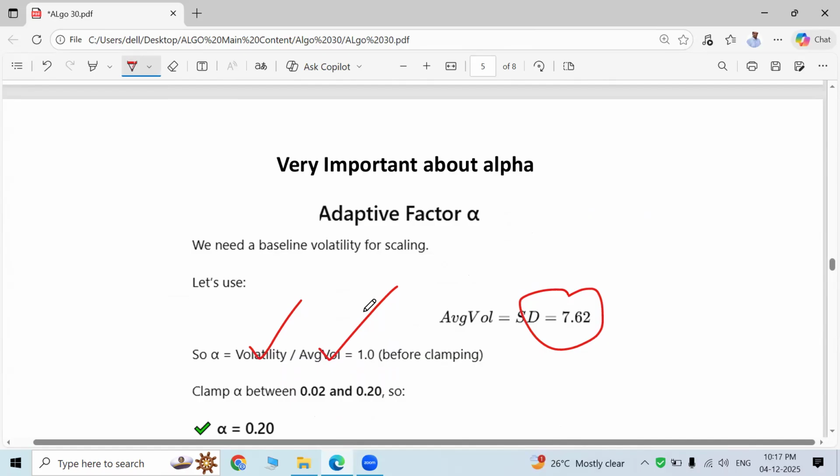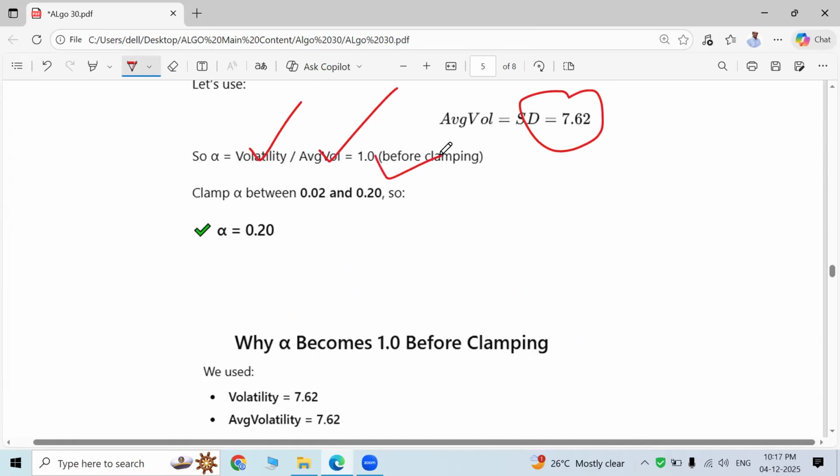Why are both of them the same? Because it's the first cycle of readings we are getting. After the second cycle, the volatility might change and the average also gets changed, so we get a different value of alpha. Now currently we are getting alpha as 1.